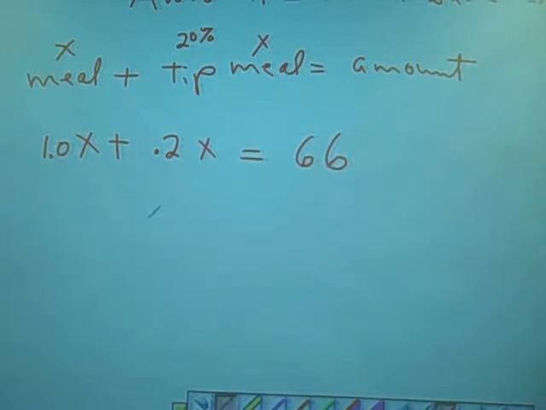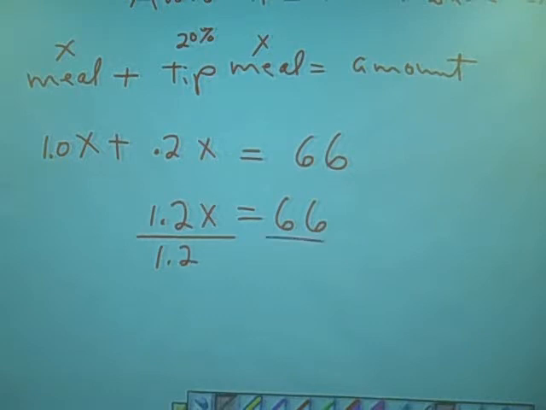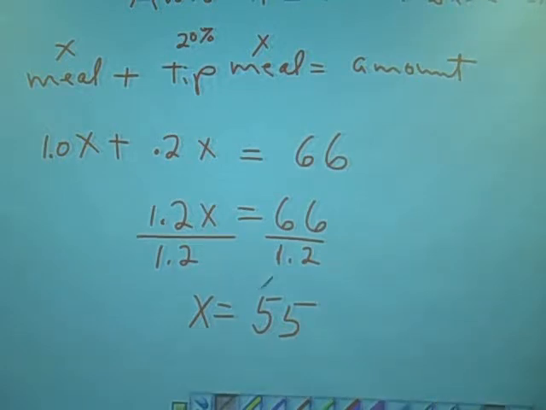So that's going to be 1.2X equals 66. Divide by 1.2, and we get that if he wants to tip 20%, he can afford up to $55 for the meal for both of them. Okay? All right, questions with that?